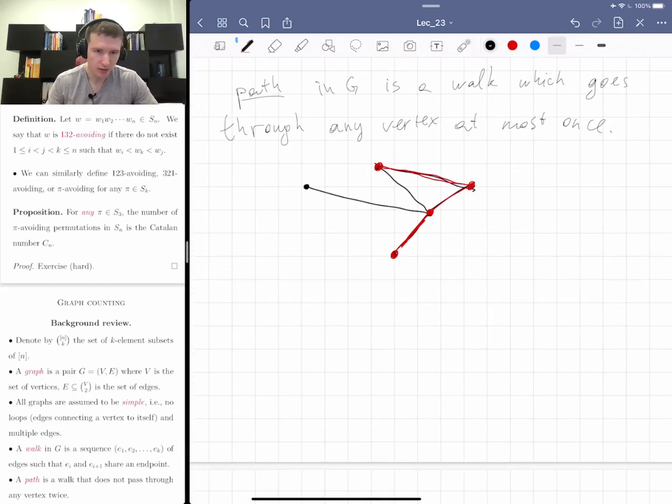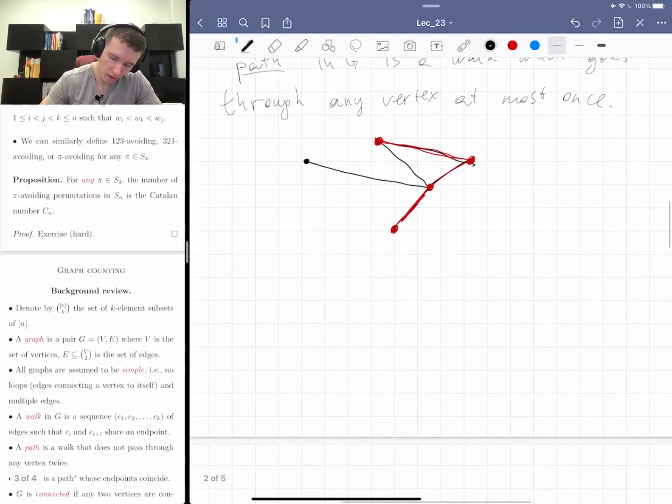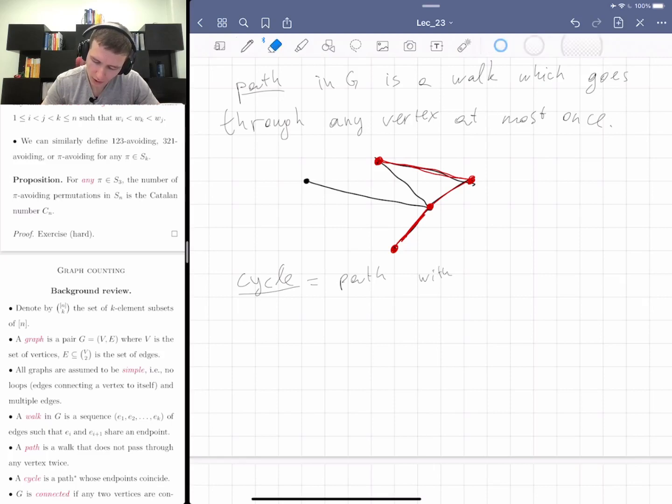All right, and finally, there's also a cycle. A cycle is a path. Well, it's not quite a path, but it's a walk, technically speaking. But it has to have no repeated vertices other than the start and the finish, with start equal to finish.